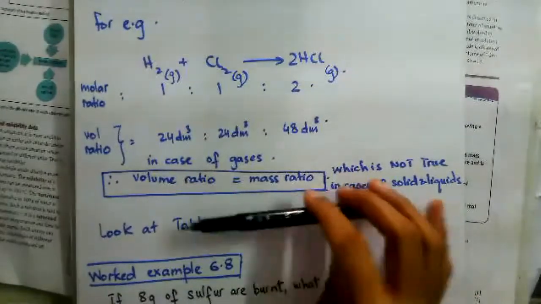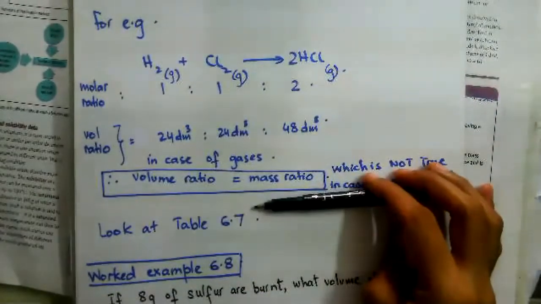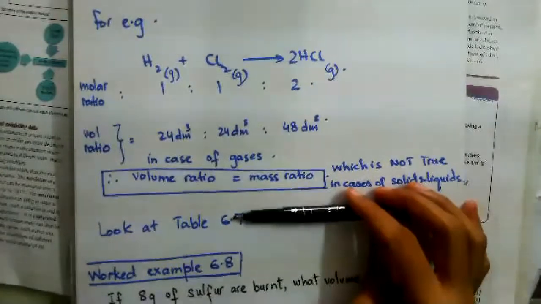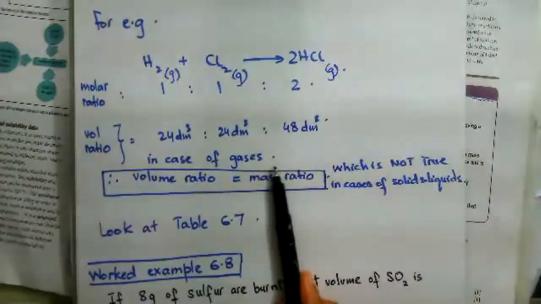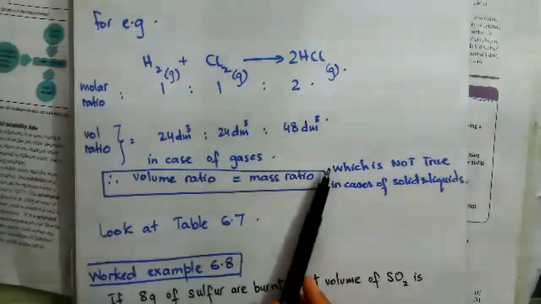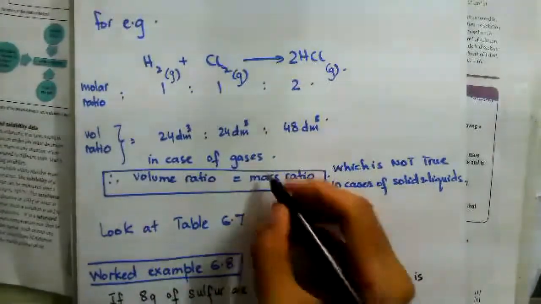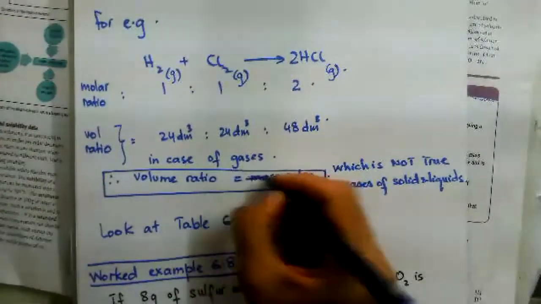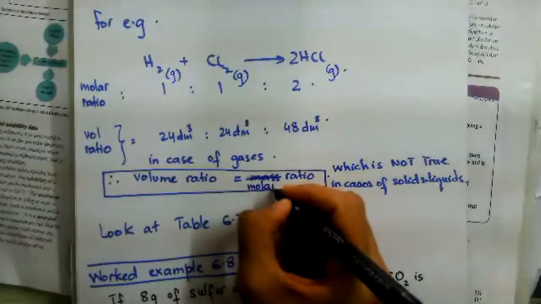Now remember, in solids and liquids calculation, I mentioned that the mass ratio is not the same as the molar ratio. Sorry, this is a mistake. I meant to say molar.